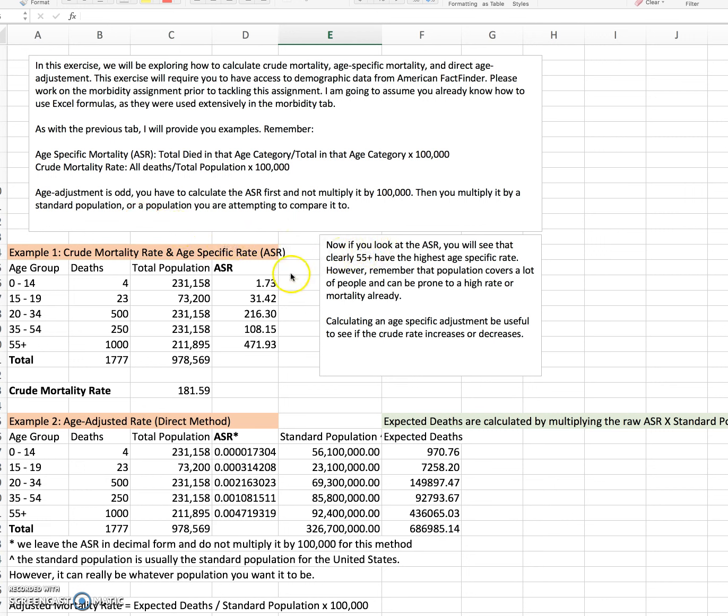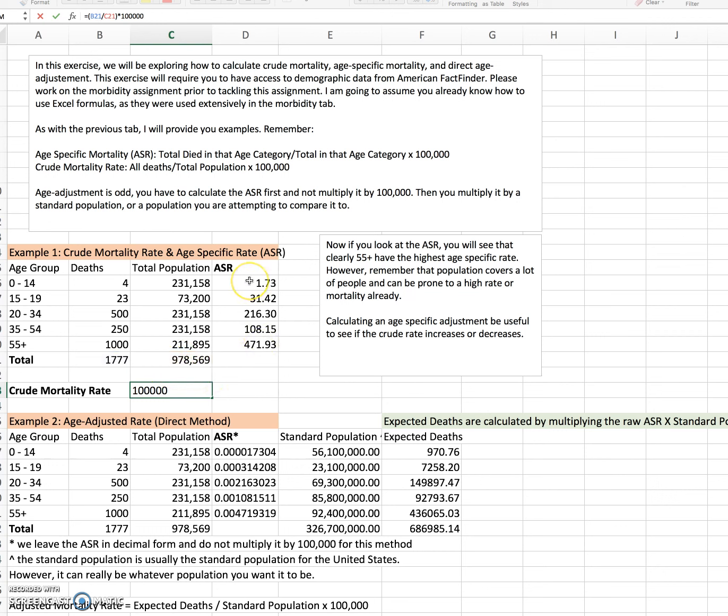So now if you look, we have our ASRs all calculated as well as our crude already calculated. If you click on our crude, you will see the formula up here, which is total number of deaths in all categories divided by total population estimate.